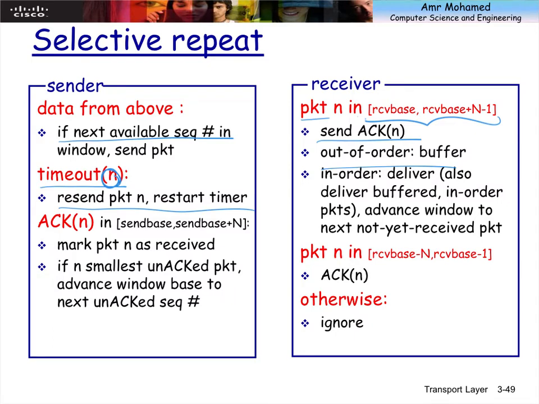So when do we deliver data to the application? We deliver data to the application only when we slide the receiver window. Because we slide the receiver window when we are sure that everything in the window is received in order. Okay?